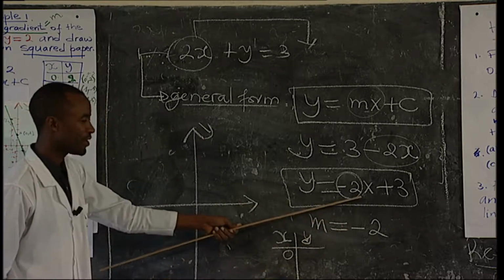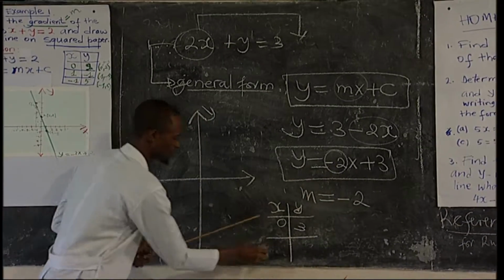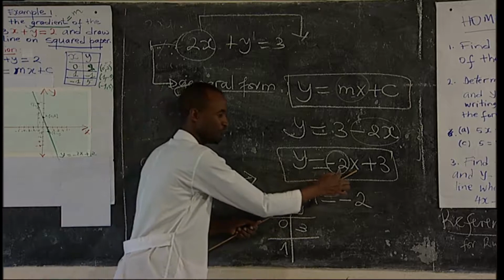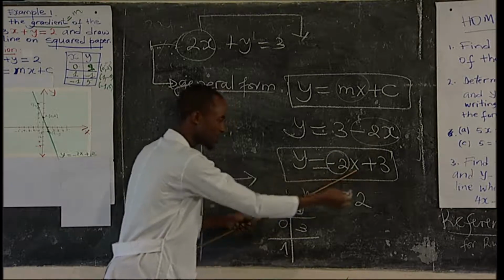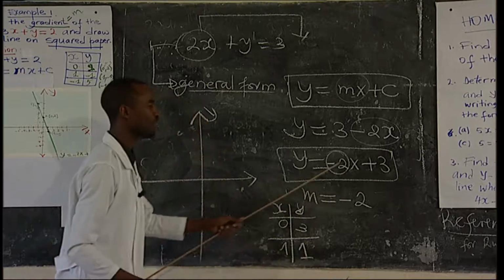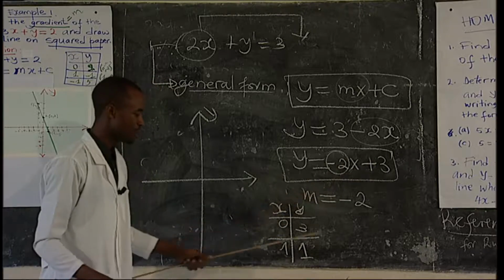I put 0 here, and I remain with the 3. Let me say x is equal to 1. If I put 1 here, it will be negative 2 times 1, negative 2. And if I subtract, I get 1, because 3 minus 2 is 1.